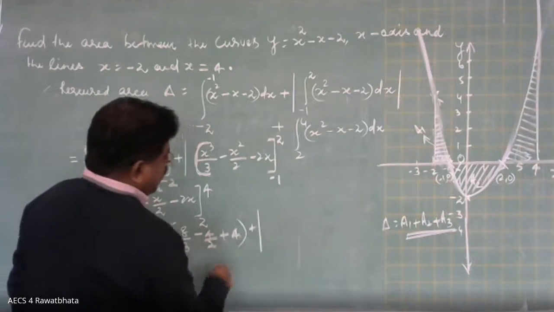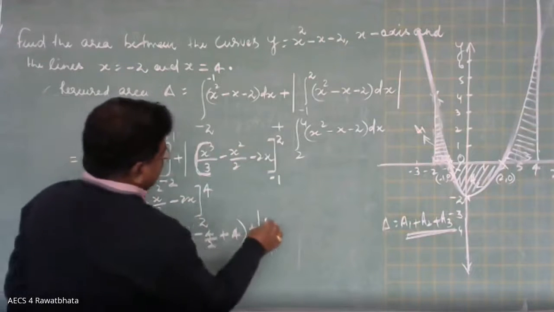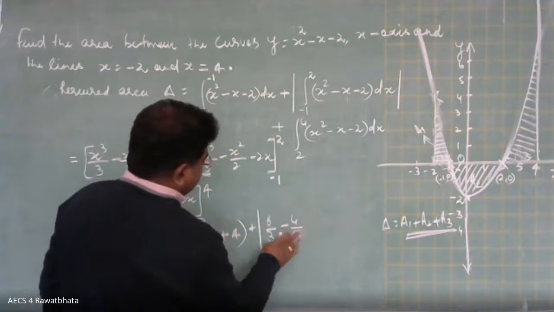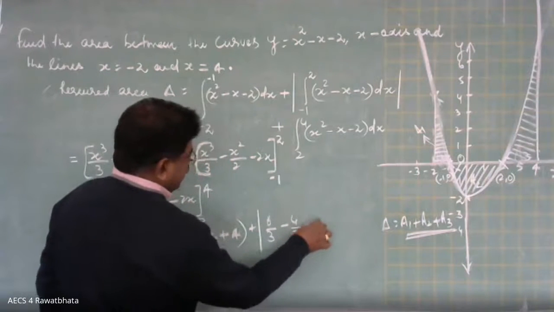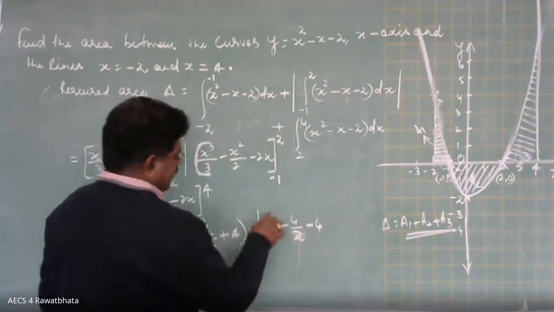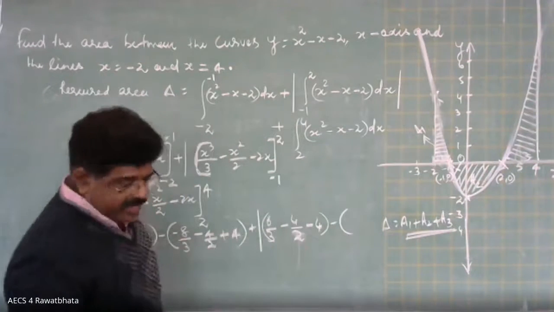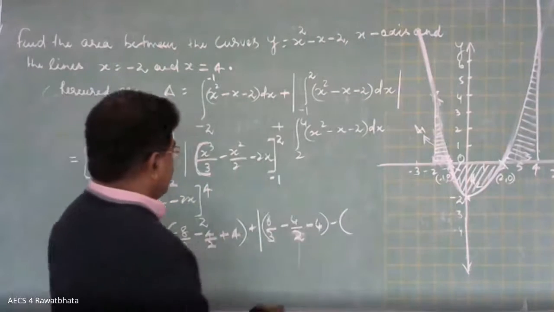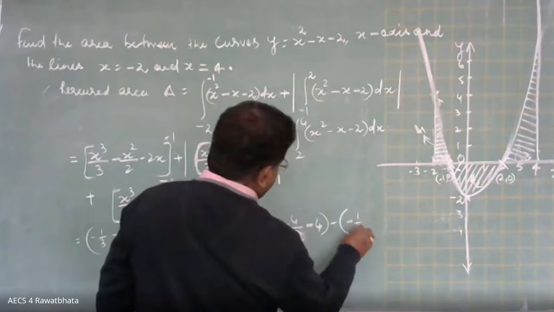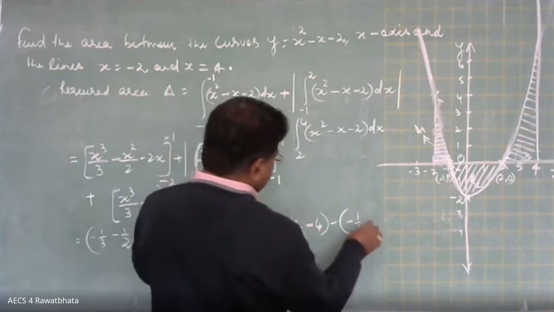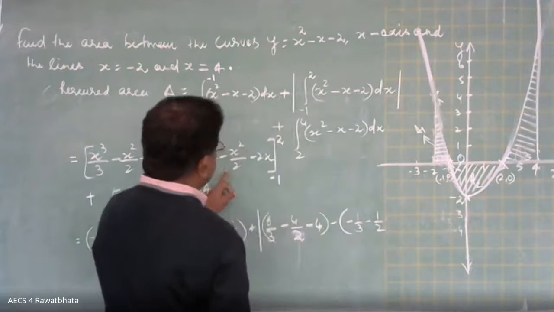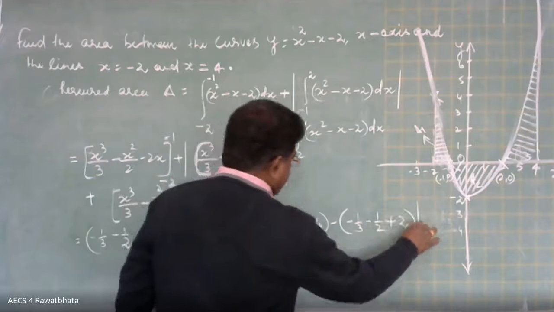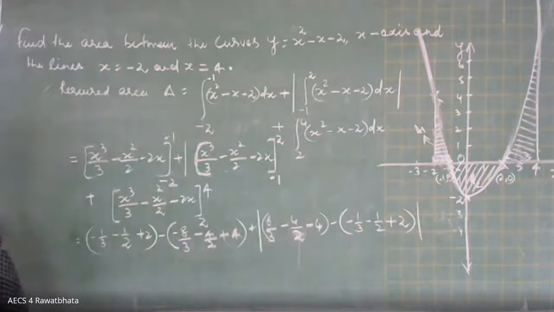And plus the modulus of 8 by 3, upper limit, minus 4 by 2 and minus 4, and minus of the upper limit minus 1 by 3, lower limit minus 1 upon 2 and plus 2. Close the bracket and modulus. Got it?